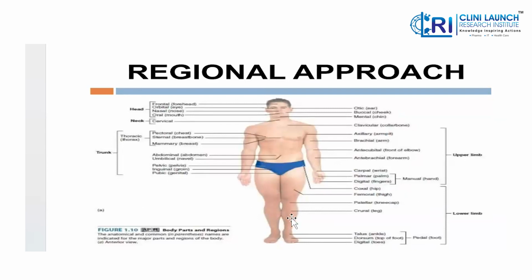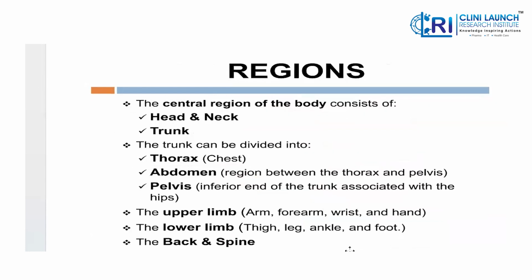This is the leg. What is this? The thigh. And this is the leg, and this is the foot and ankle. Right? Thigh, leg, ankle, and foot. And then we have the spine and the back area. So these are the regions.